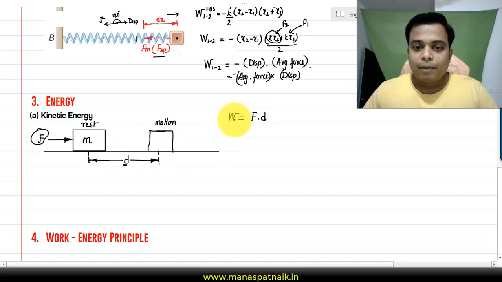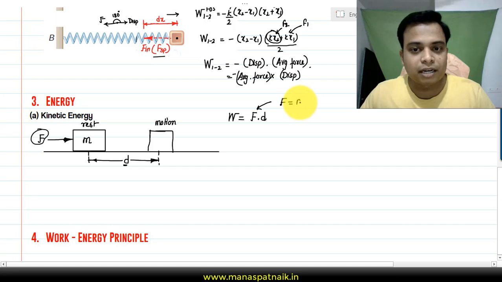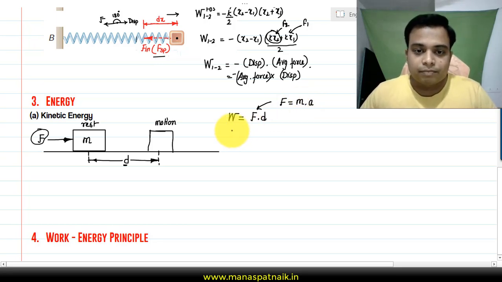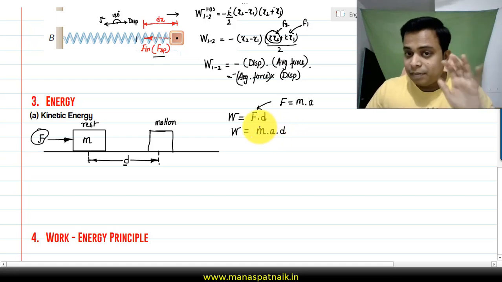But from the definition of second law, we know that F for any object in motion can also be written as the product of the mass of that object multiplied by the acceleration that block has acquired. So essentially, I can write this as W is equal to m into a into d. What does that mean? Well, let me go ahead with this.